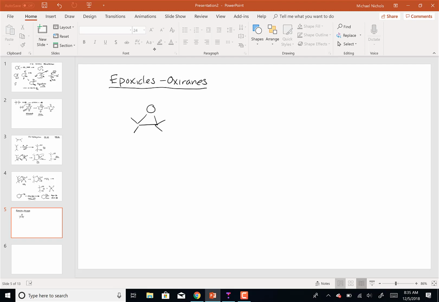So the first question is, how do we make epoxides? And then what can I do with them? So there's two ways to make epoxides. The first way is to make a bromohydrin.